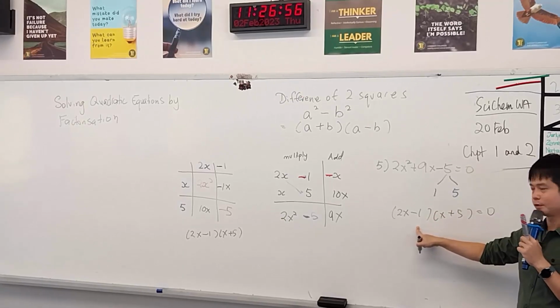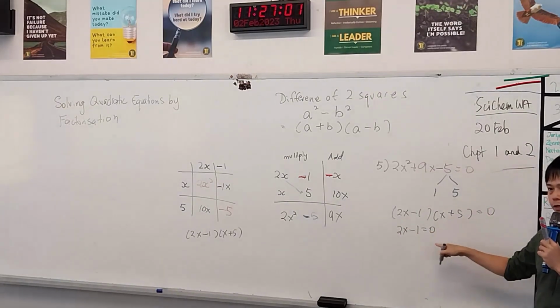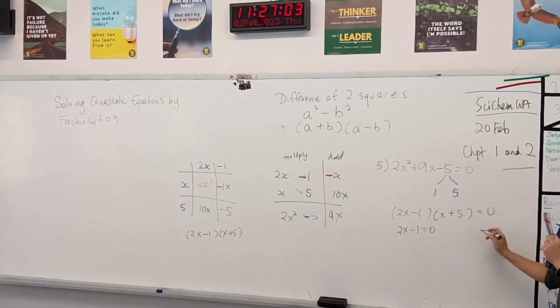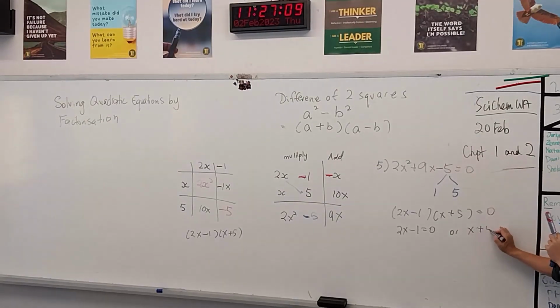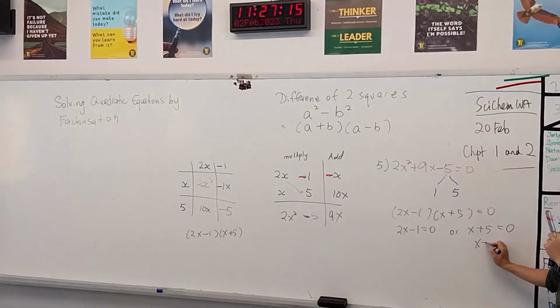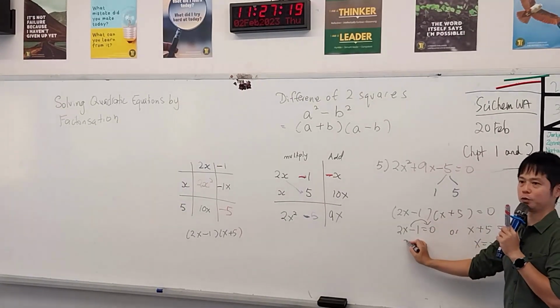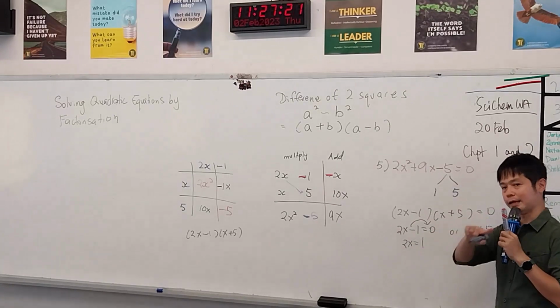If you are unable to, just write down the steps: 2x minus 1 equals 0, or x plus 5 equals 0. When we shift this over, x is minus 5. When we shift this over, 2x is 1 first, and then x is half.